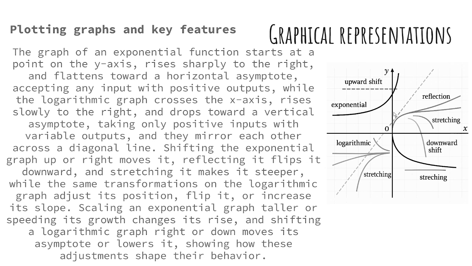And stretching it makes it steeper. While the same transformations on the logarithmic graph adjust its position, flip it, or increase its slope, scaling an exponential graph taller or speeding its growth changes its rise, and shifting a logarithmic graph right or down moves its asymptote or lowers it, showing how these adjustments shape their behavior.